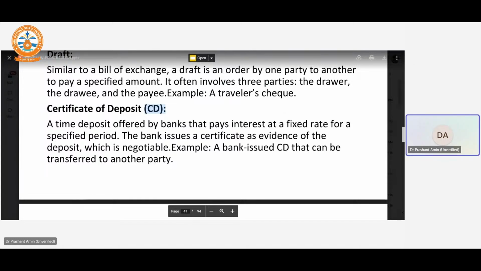The bank issues the certificate as evidence of the deposit, which is negotiable. Example, a bank issues a certificate of deposit, suppose a fixed deposit, that can be transferred to another party. So that is a certificate of deposit.